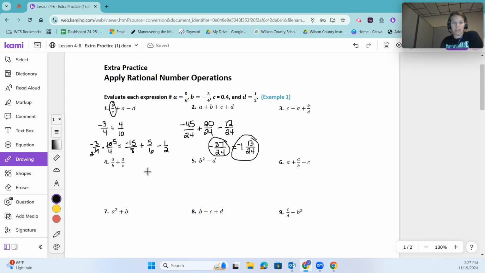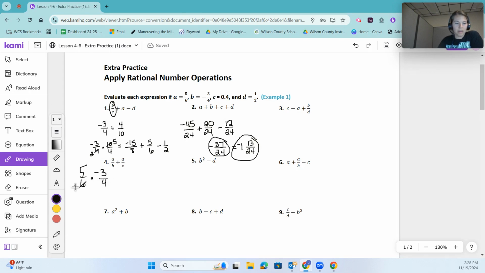Let's try another one here. A divided by B plus D divided by C. A divided by B is going to be 5/6 times negative 3/4.